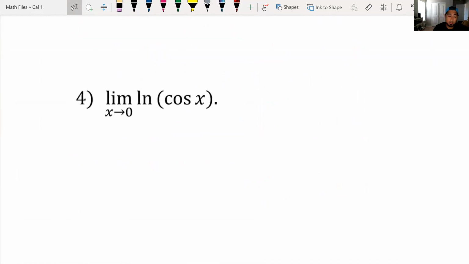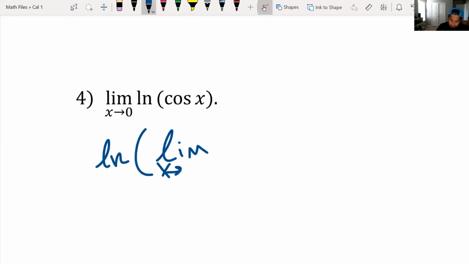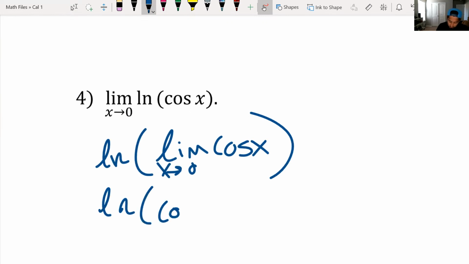Four, the limit as x approaches 0 of the natural log of cosine of x. Hey, like I said, plug in 0. Let's see what happens. So I'll rewrite it: the natural log of the limit as x approaches 0 of the cosine of x. Plug in 0. We get the natural log of cosine at 0.